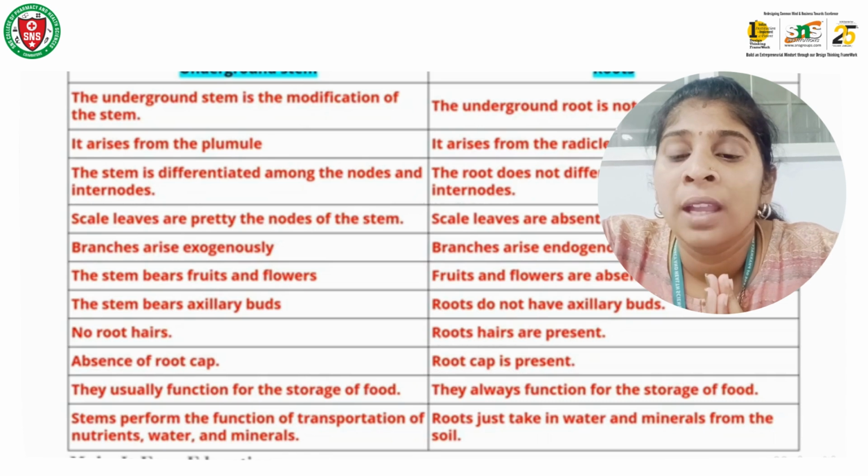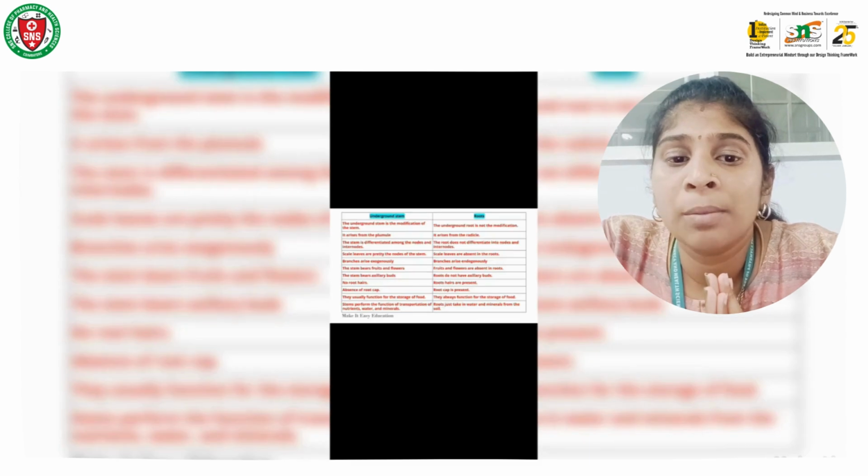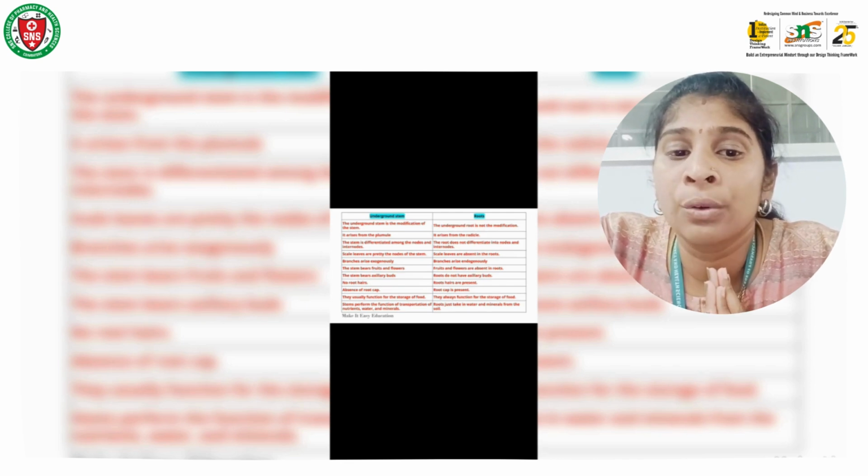There are no root hairs in the stem, and in roots minute tiny hairs are present, known as root hairs. Here the root cap is absent in the stem, while in the root a cap-like structure is present at the end of the root, and that is known as the root cap.